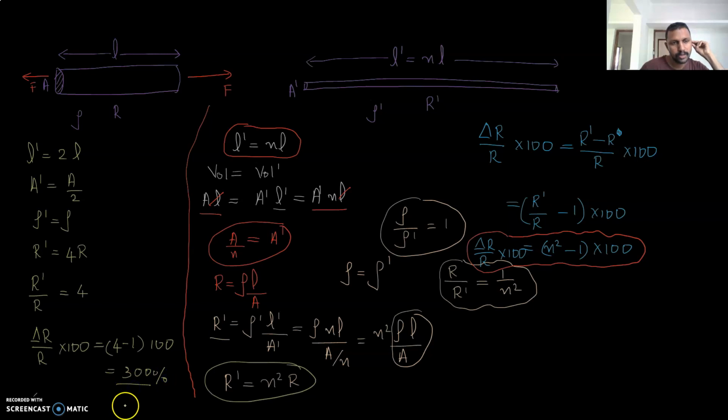Okay, this is your answer. They could ask many questions like this. They could say if the length is 3 times, you could use this formula. Therefore, this is the situation that we have to use in pulling the conductor.